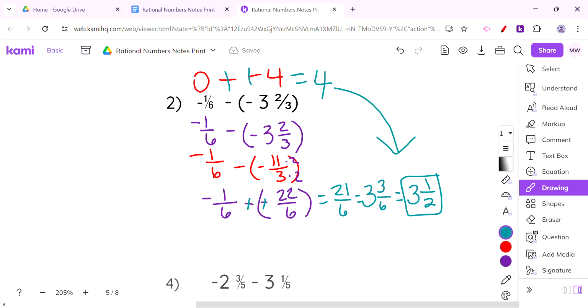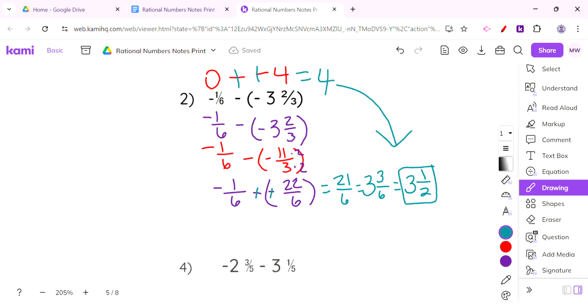So really it didn't matter what number you use there to estimate. Just know that it's just an extra way to check, right? So your answer should have been 3 1/2.